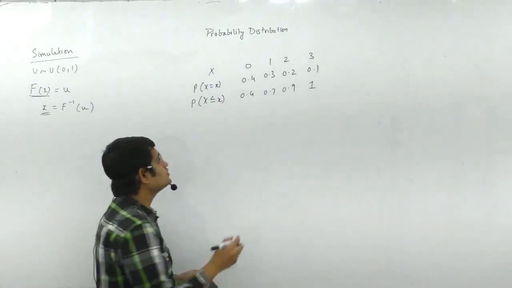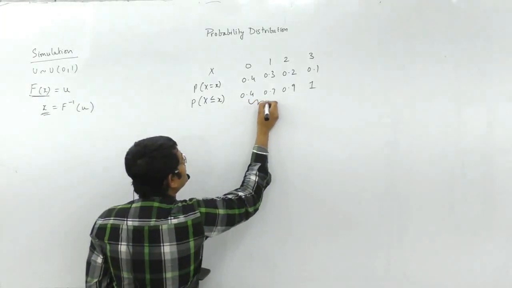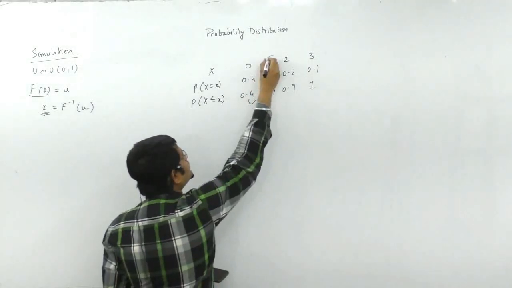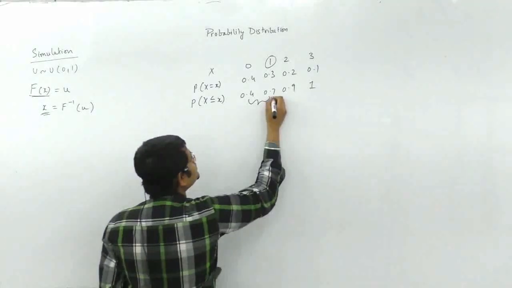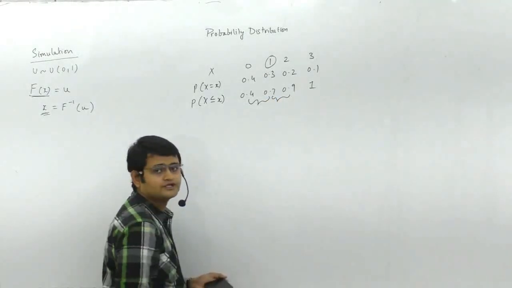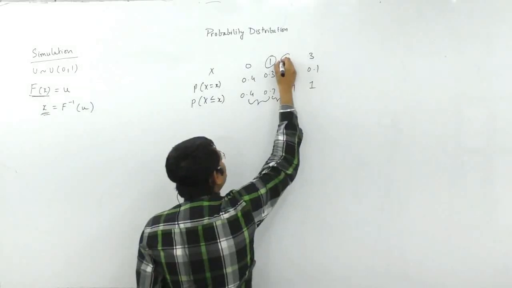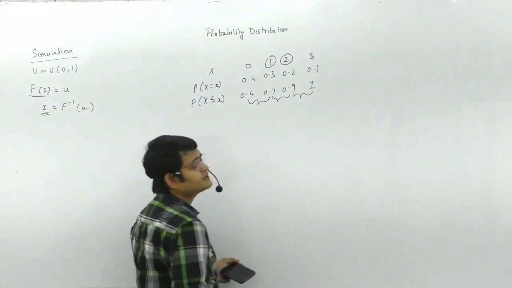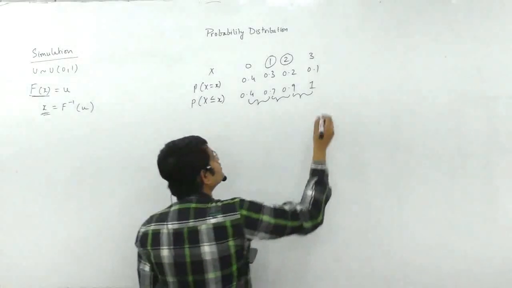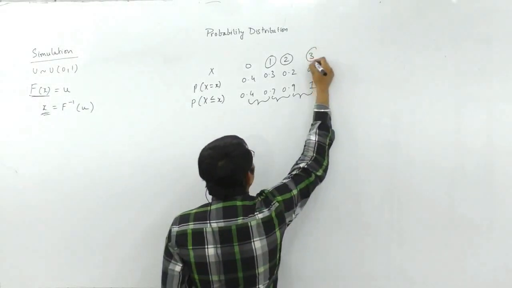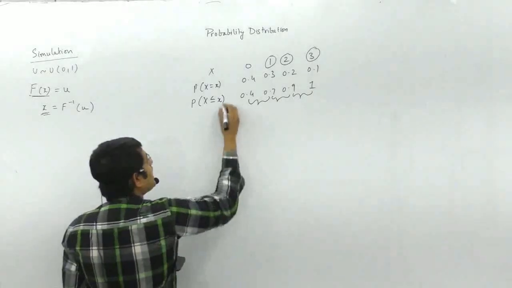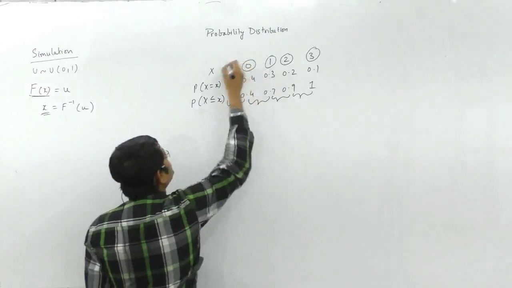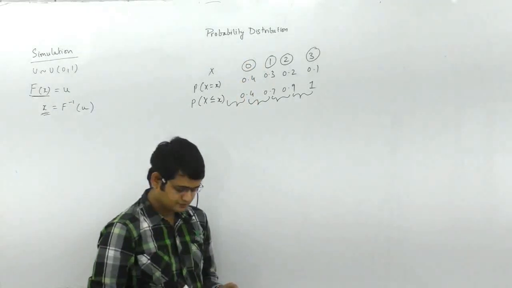So all the values that have probability between 0.4 and 0.7 will have the value 1. All the values between 0.7 and 0.9 will have value 2, all the values between 0.9 and 1 will have value 3, and all the values between 0 and 0.4 will be related to 0.